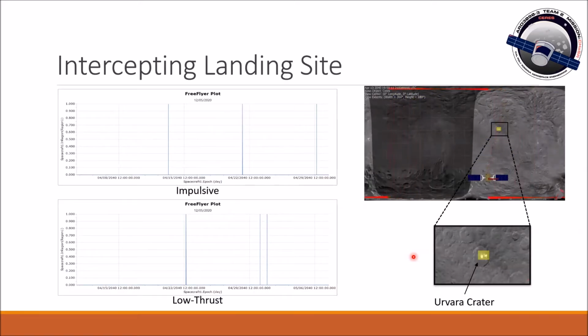Using FreeFlyer, we were able to get the dates where the spacecraft will intercept the Orvara crater, as seen on the right. The graph on the left shows the logical indices where it shows true that the spacecraft is right above the landing location.